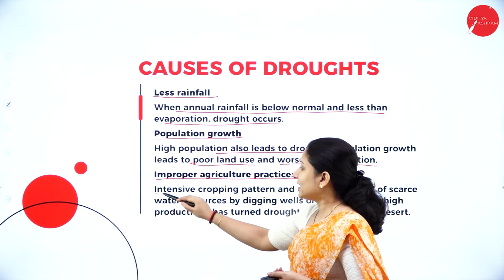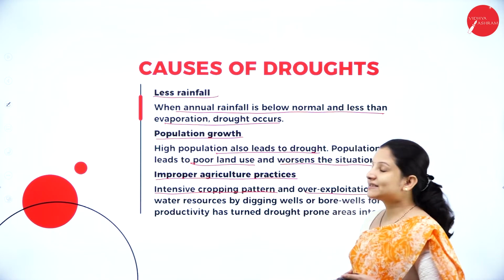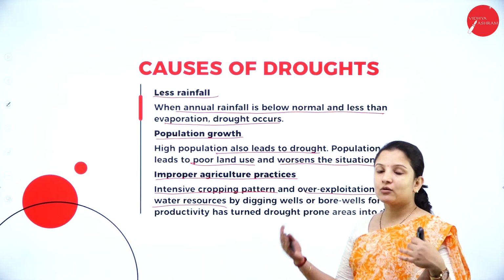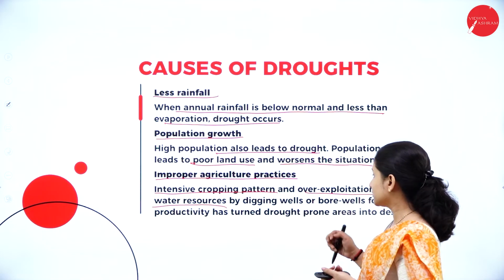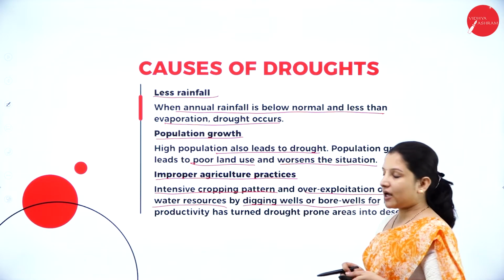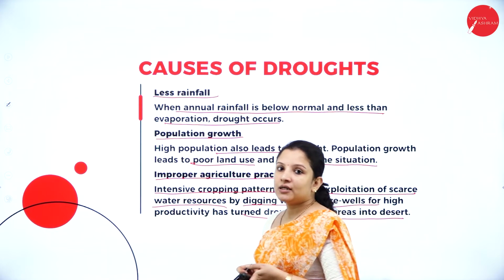So therefore, intensive cropping patterns and over-exploitation of the already very scarce water resources by digging wells or bore wells for high productivity has turned the drought-prone areas into deserts.